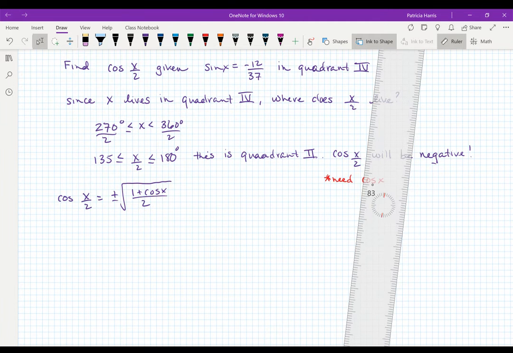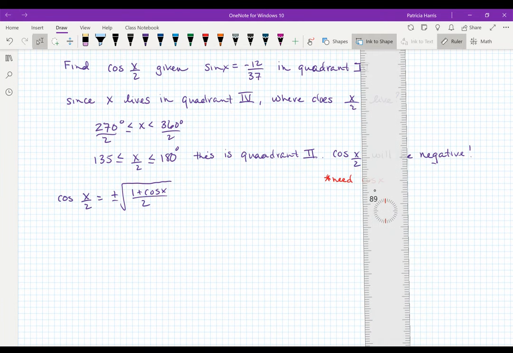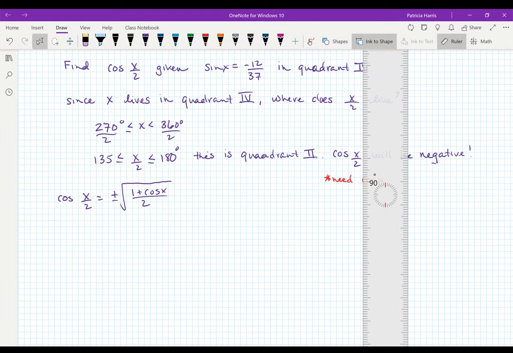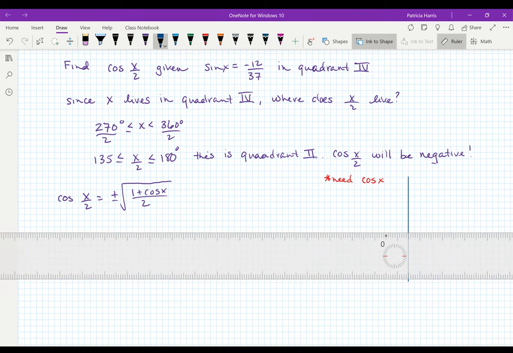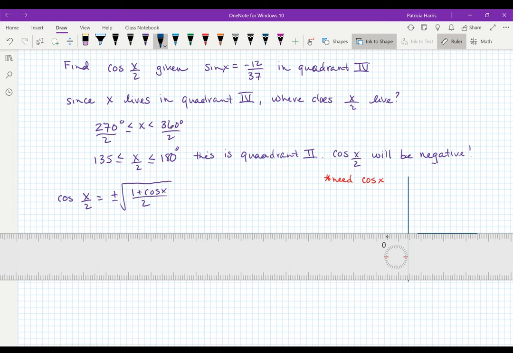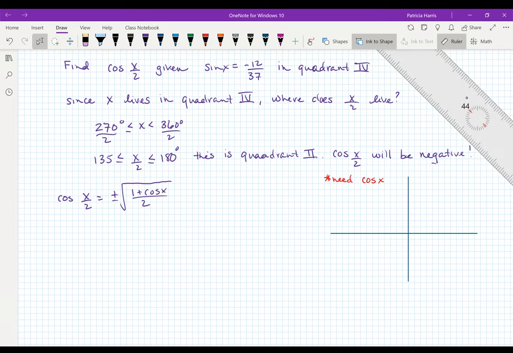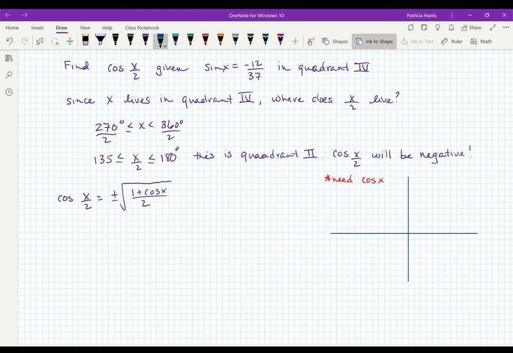Okay, so let's draw my triangle. So negative 12, whoops. Okay. Negative 12, 37.